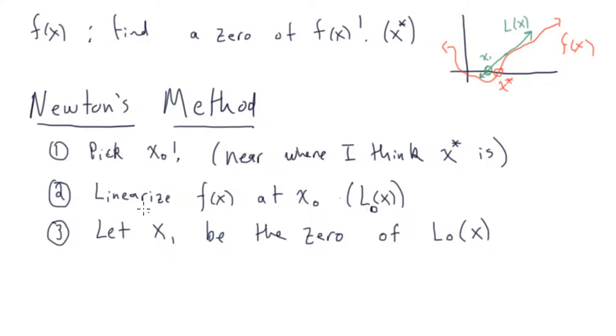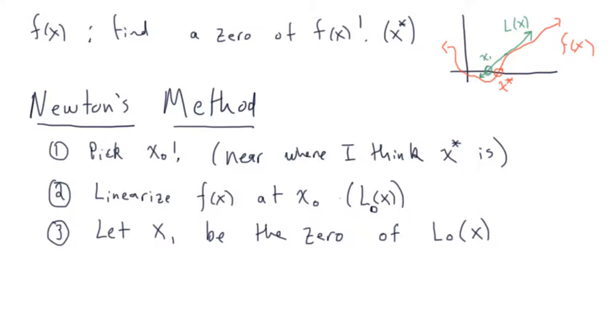Okay, so I linearize f of x at x0, and now I'm going to call that L0 of x because I'm linearizing at this point x0. And then I'm just going to let x1 be the 0 of L0 of x. So in our picture right here, here's x1.